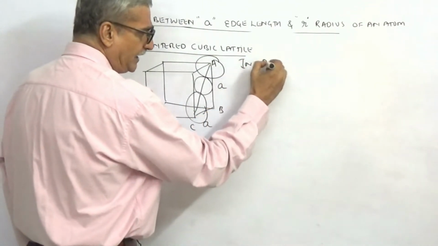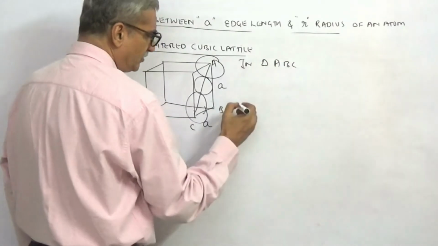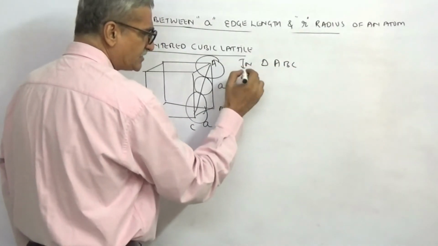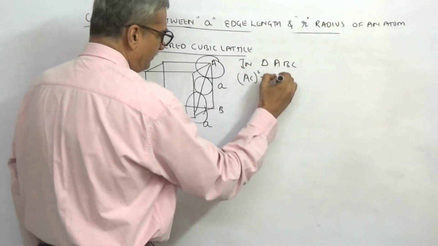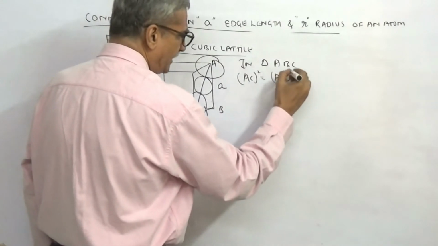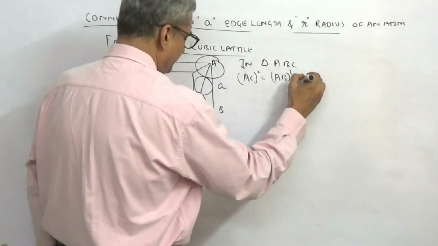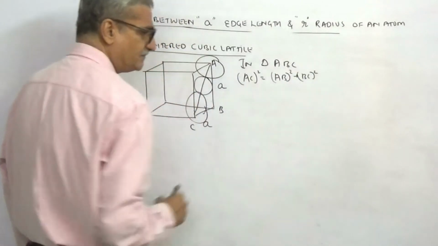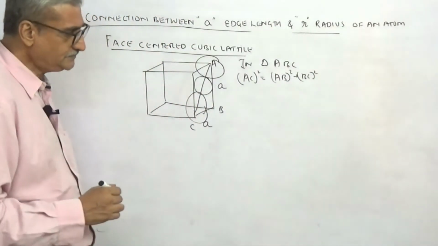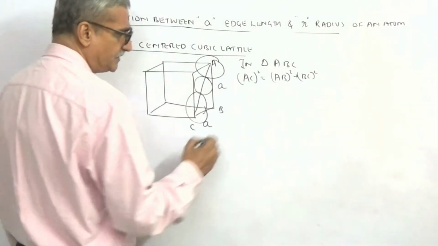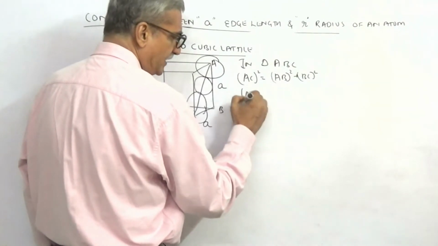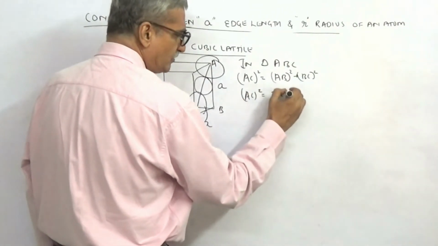So in triangle ABC, what do we get? AC square will be equal to AB square plus BC square, Pythagoras theorem. So AC square is equal to 2A square.